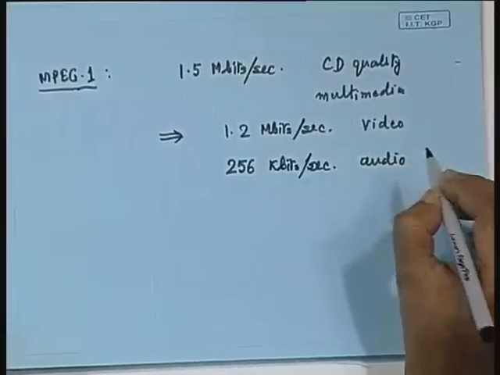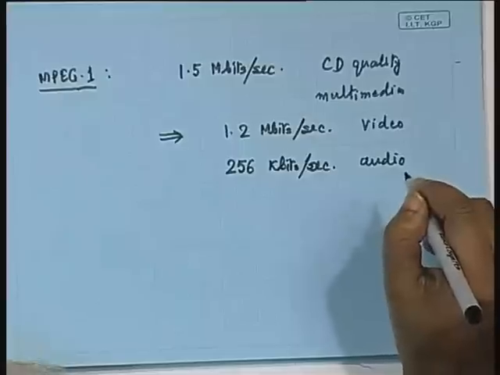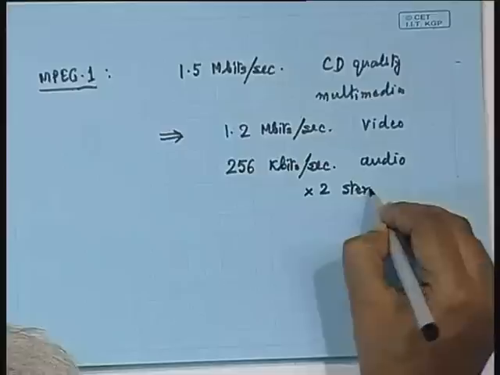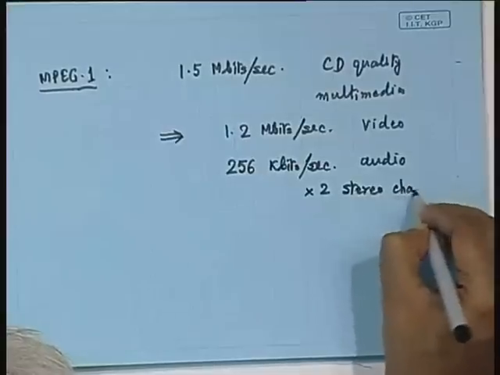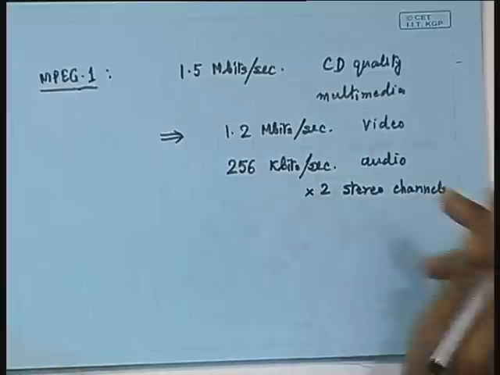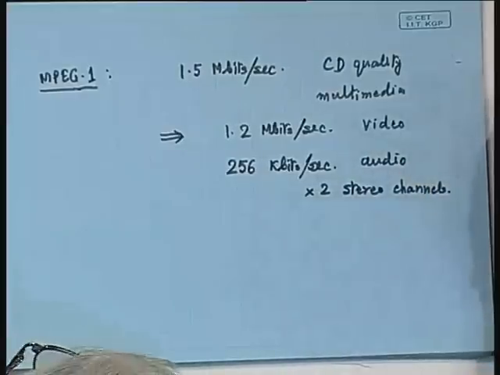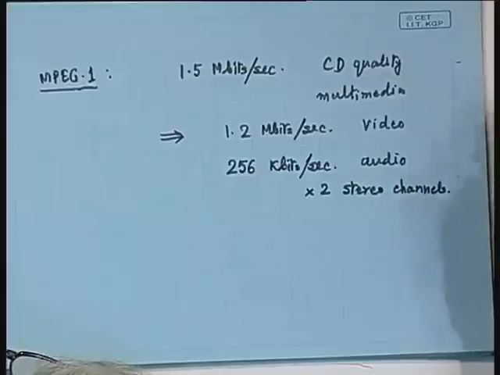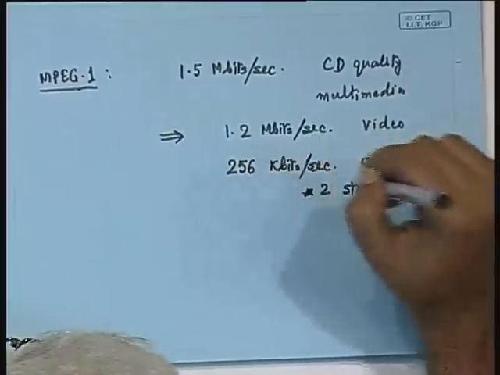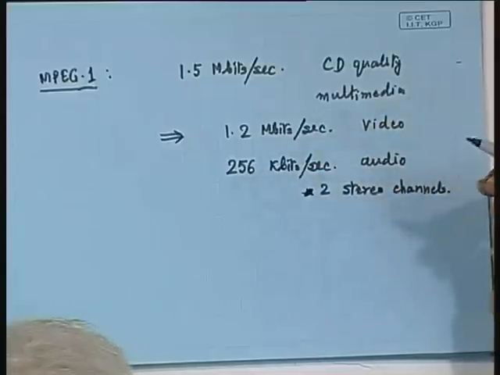And in MPEG 1 it caters for 2 stereo channels. So when 2 stereo channels are accommodated, every stereo channel gets a bit rate of around 128 kilobits per second. Okay. So this 256 includes 2 stereo channels, so 128 each.